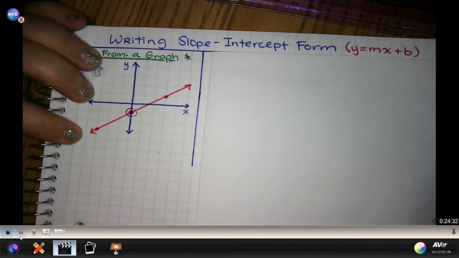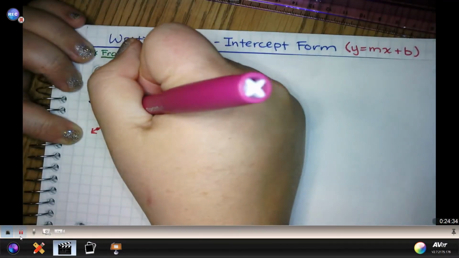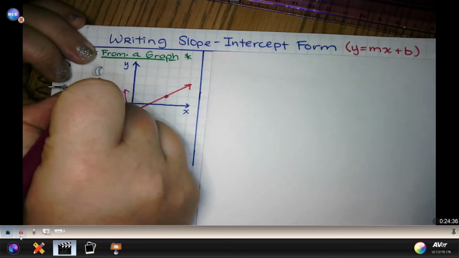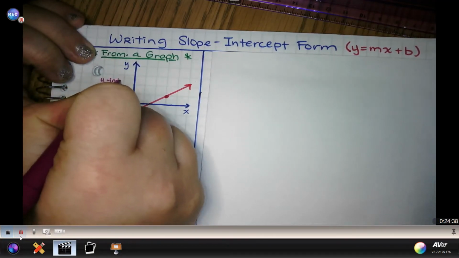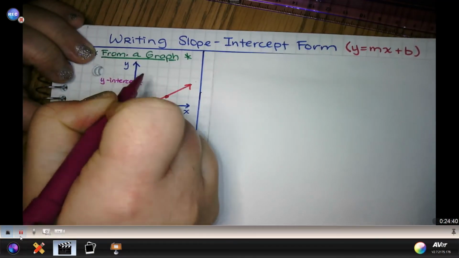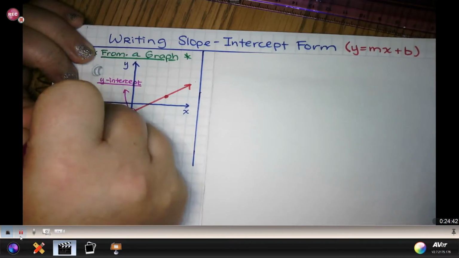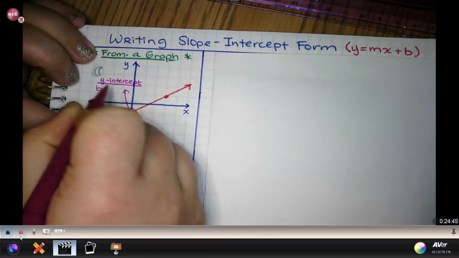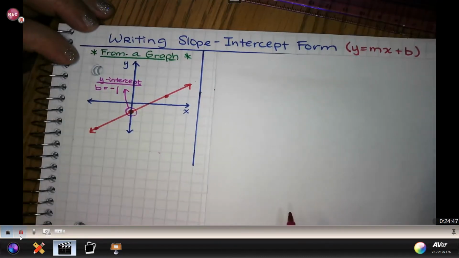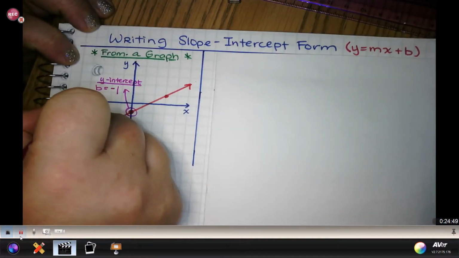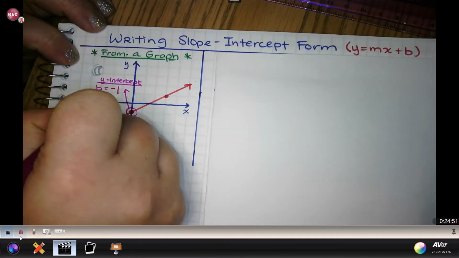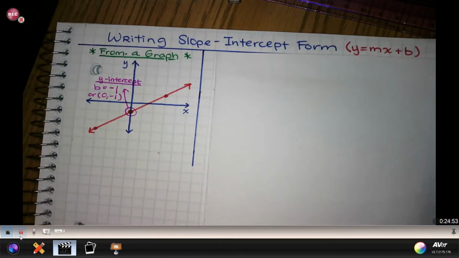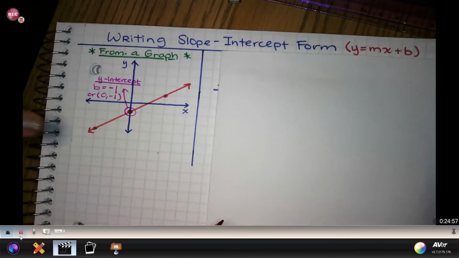So that means that the y-intercept is b equals, and then again, I'm assuming the scale is 1, negative 1. And then we can also say 0, comma, negative 1, because again, I want you to be so used to that you can do it in your sleep. Okay, so there's the first thing. That's B. We got B already.